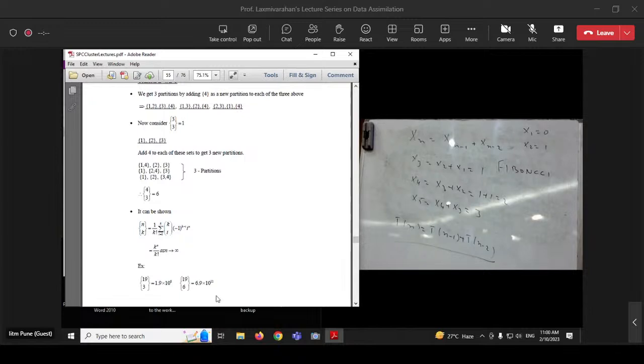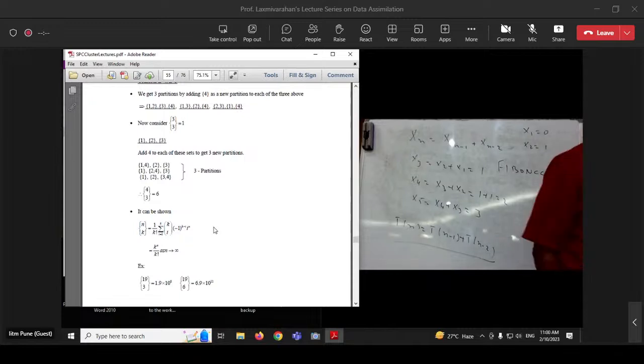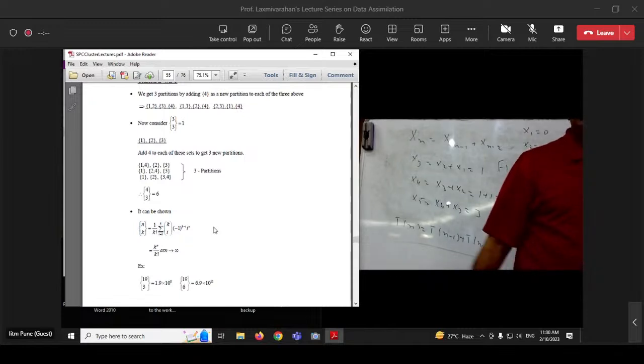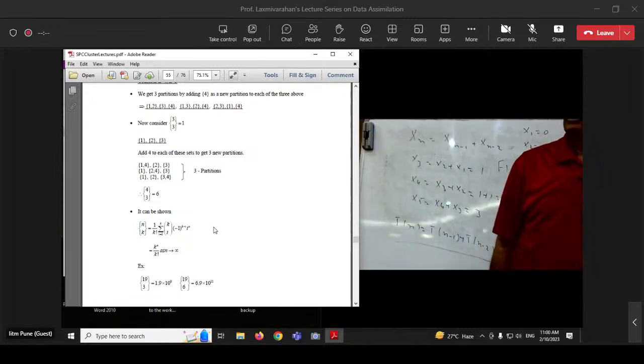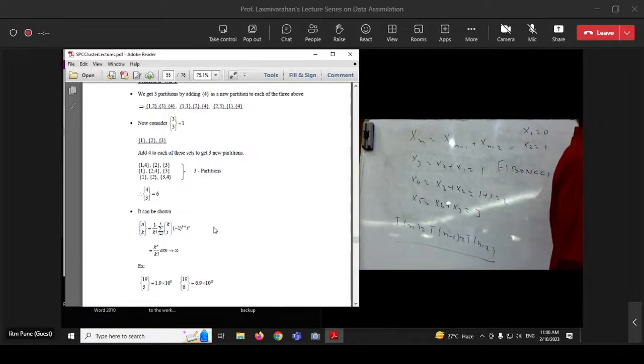It can be shown that the Stirling number T(n,k) is given by this summation. In meteorology, probably you don't do these kinds of mathematics. You do other aspects of mathematics, but this is very important in the context of clustering. As n grows, this grows in a particular way.